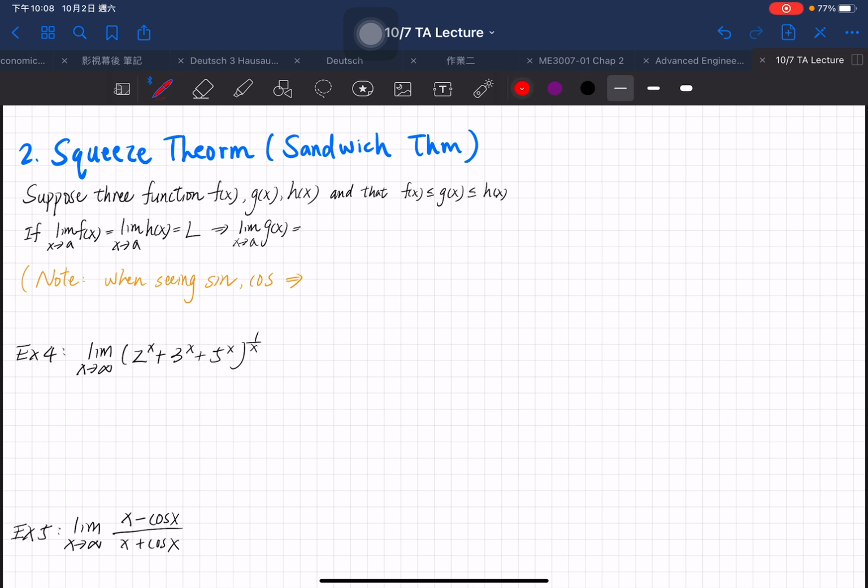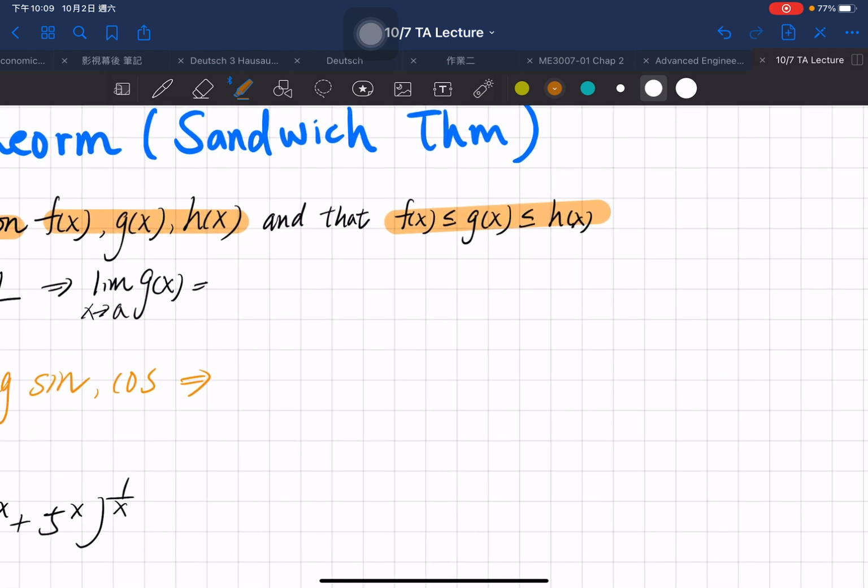So let's also start from the definition. Suppose there are 3 functions, f of x, g of x, and h of x. And assume that we know that f of x is smaller or equal to g of x, and g of x is smaller or equal to h of x.